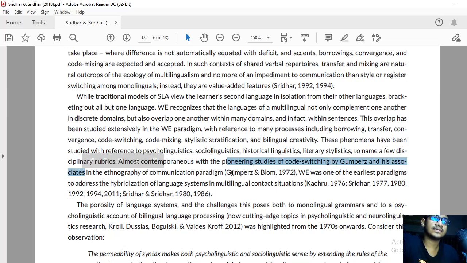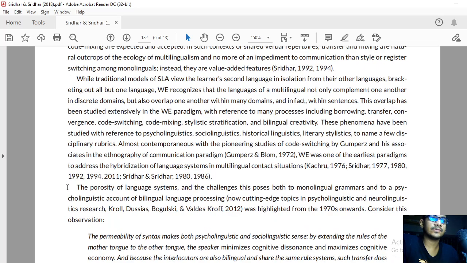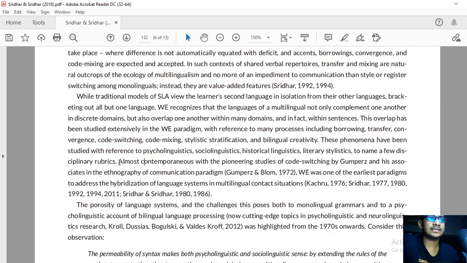He wrote a paper with Blom in 1972. So contemporaneous doesn't mean 2021 or 2018 here, but the time when Gumperz was studying code switching, which is 1972. World Englishes was one of the earliest paradigms to address hybridization of language systems in multilingual situations.